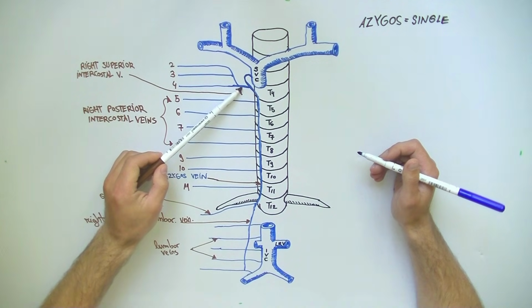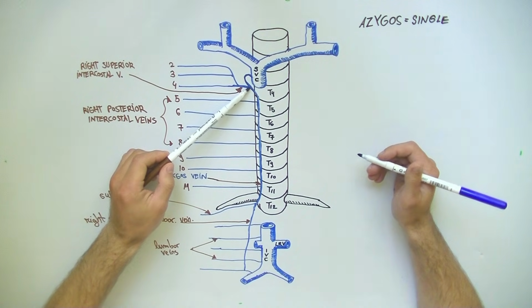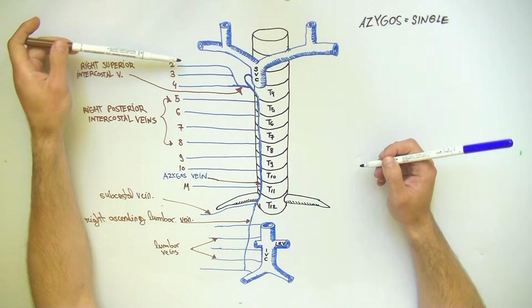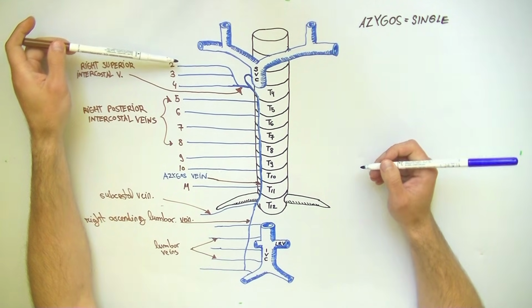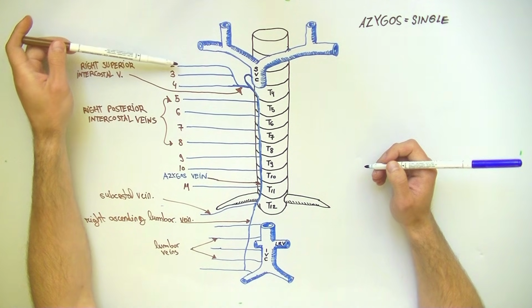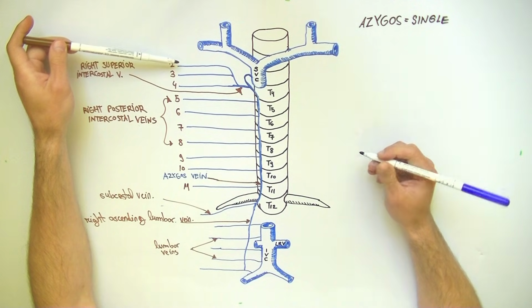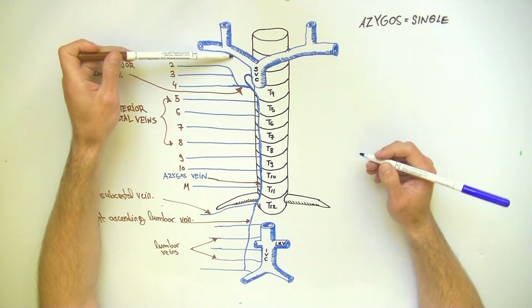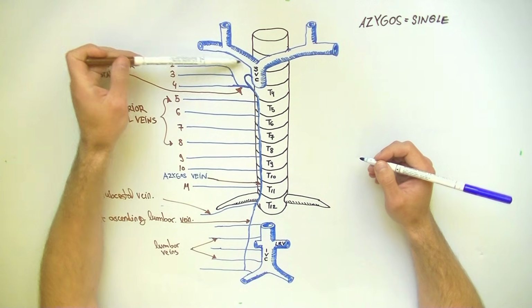And this vein drains into the Azygos vein. We have one more vein, the 1st right posterior intercostal vein, which is called the right supreme intercostal, and it drains directly into the right brachiocephalic vein.